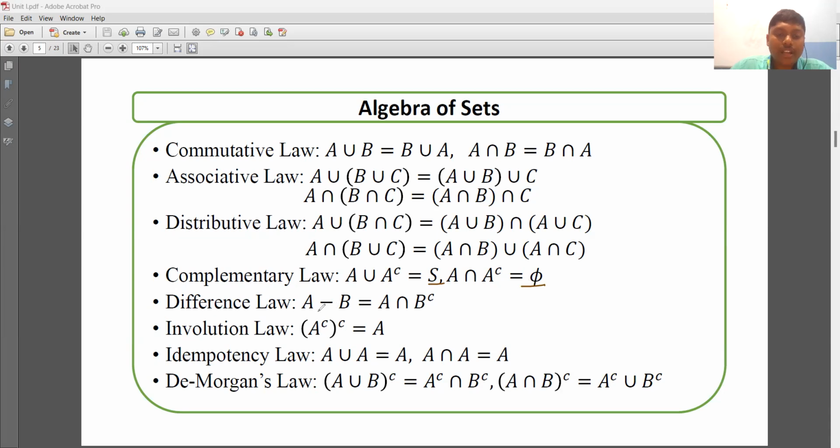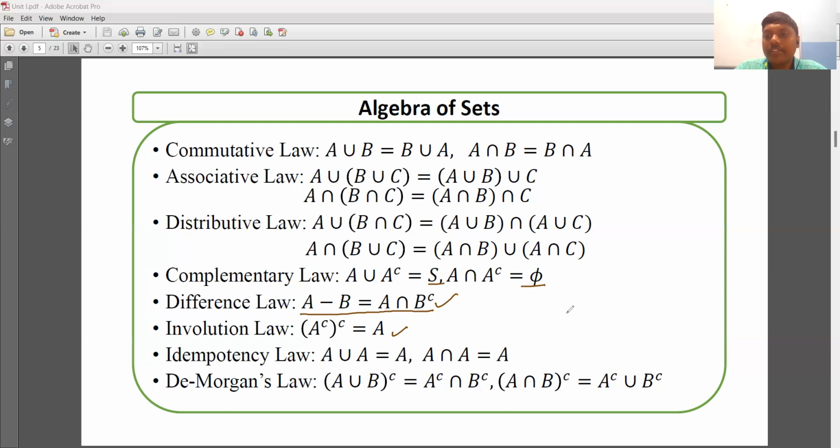Here I have already mentioned the difference rule, that A minus B is equal to A intersection B complement. We have already seen this. Involution rule: if I take the complement of the complement set, that will give you the set itself. It's very straightforward: the complement of a set A represents everything excluding the set A itself.